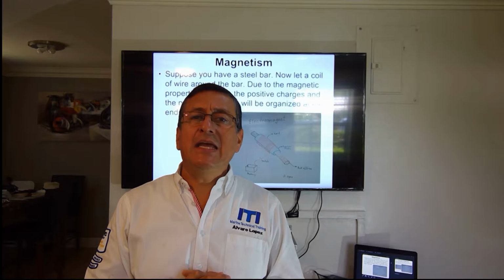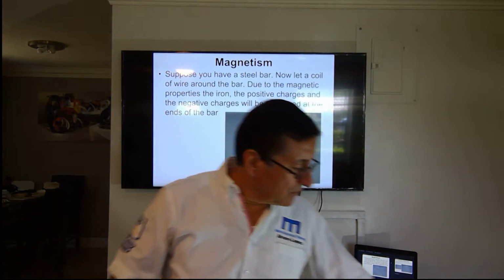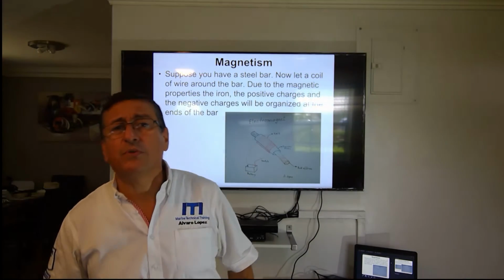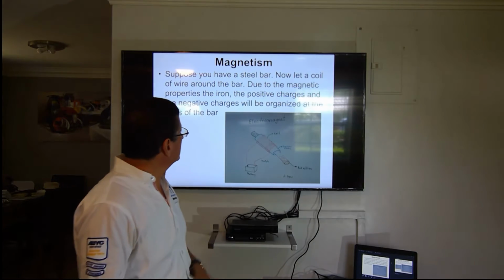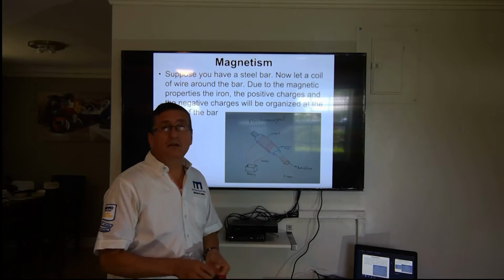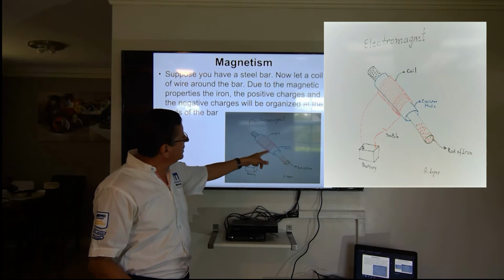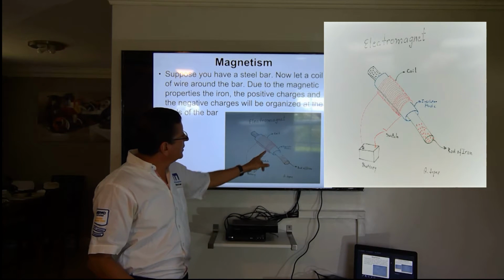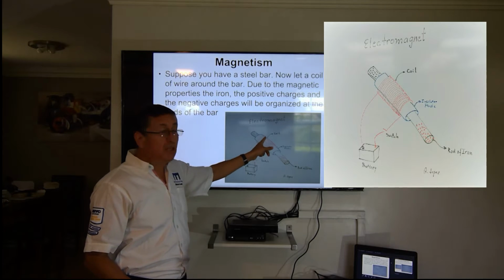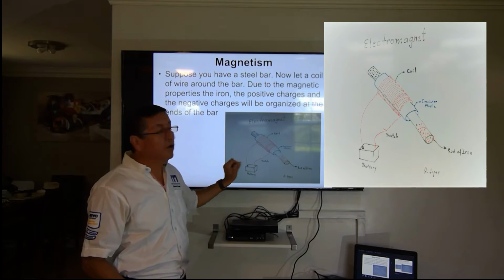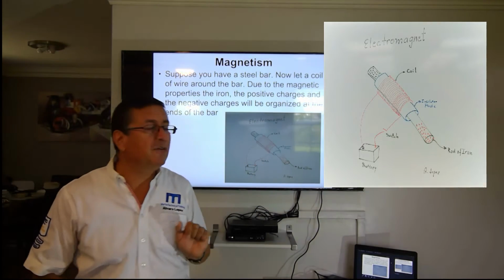How can I create an electromagnet? If you remember, it's very simple. The procedure is, if you have a piece of iron like this, you put an insulation material in the middle and pass a coil through it, and you power the coil with a battery, positive and negative.